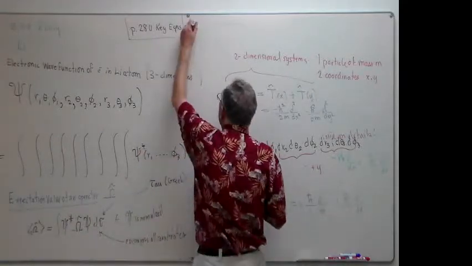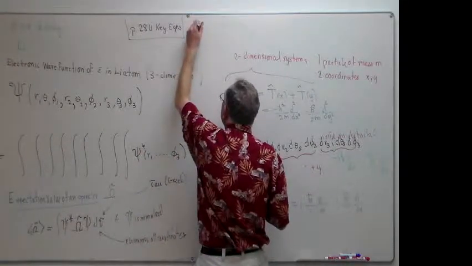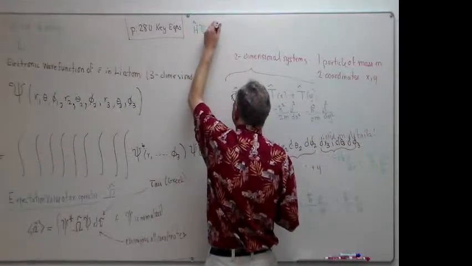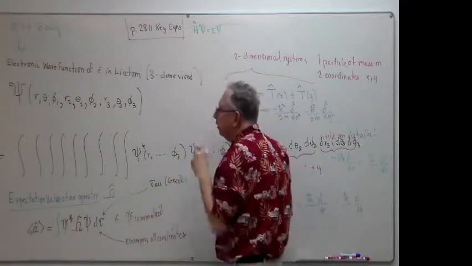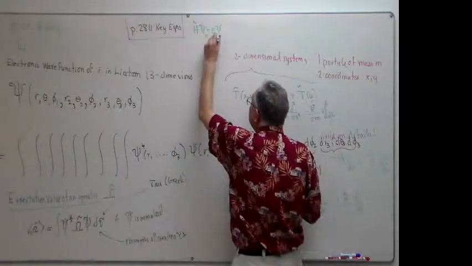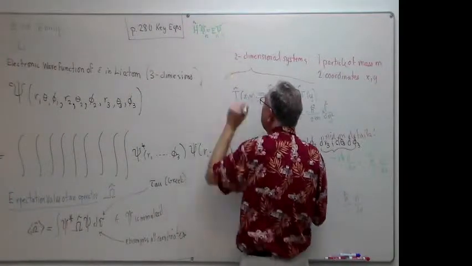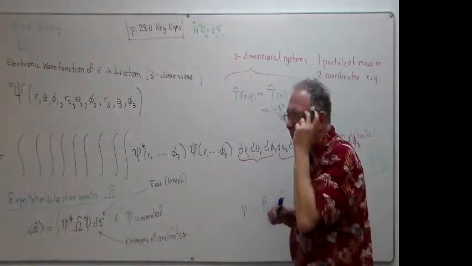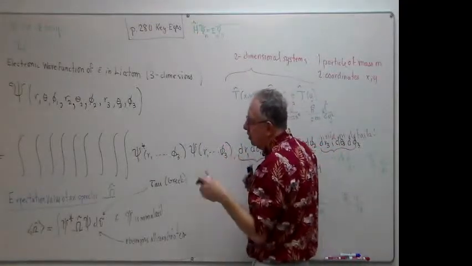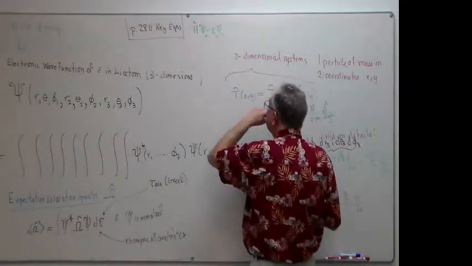When you get a Schrodinger's equation, H psi equals E psi, you don't get one solution typically. You get a whole family of solutions, and it will indicate that by a quantum number n, which can symbolize any number of individual or combined quantum numbers.